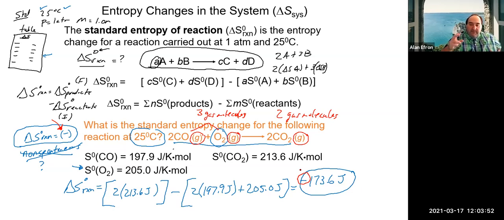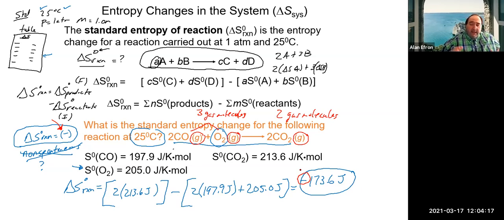That's a very good thing to keep in mind in a situation like this, where you're trying to figure out in this particular reaction whether you are increasing the disorder or decreasing the disorder. You can make a pretty safe assumption, not necessarily of what the numerical value of your answer should be, but a pretty good one as to whether your calculated value should be negative or positive based on what's going on in the reaction.